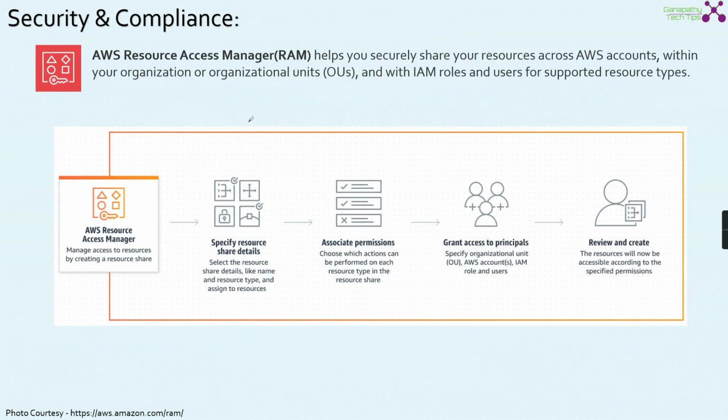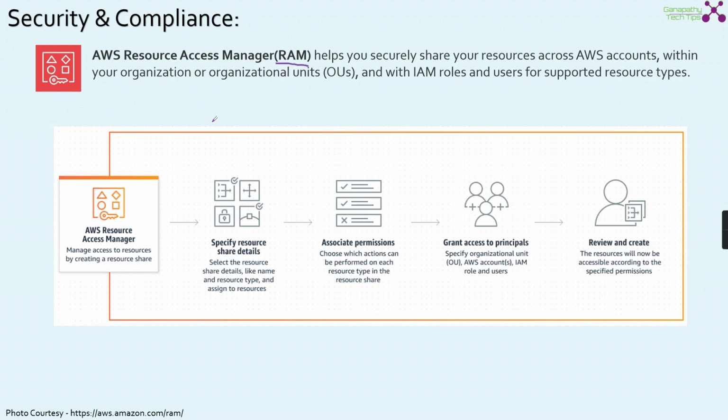Moving on, there is something called AWS RAM. It's similar to Service Catalog, though not in exactly the same way. Service Catalog, whatever we discussed, is all about provisioning of infra.